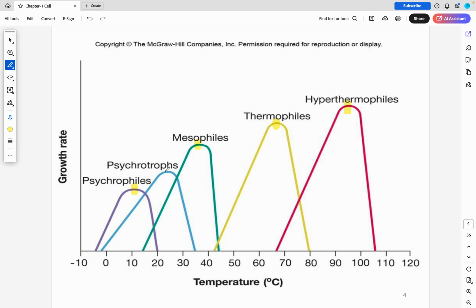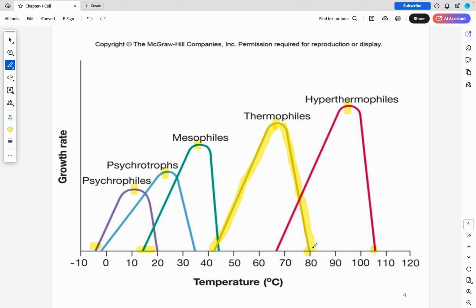There is a minimum, as shown here, and of course there is a maximum. And you can appreciate that from minimum to the optimal temperature, there is increase in the growth rate of microbes. And down from the optimal temperature, nearing the maximal temperature that they can survive, there's a decline in the growth rate.